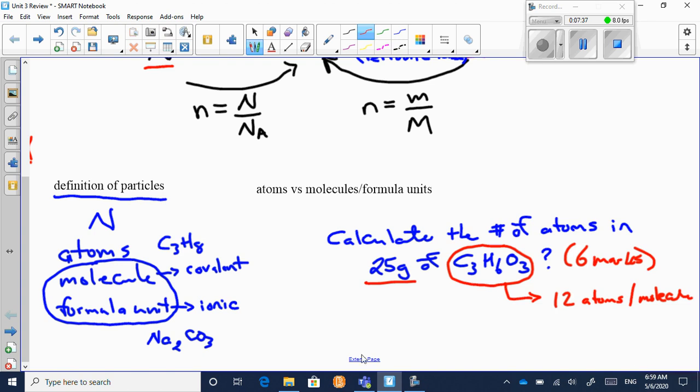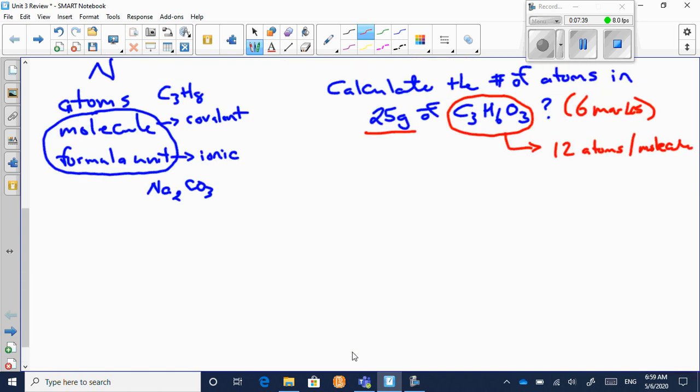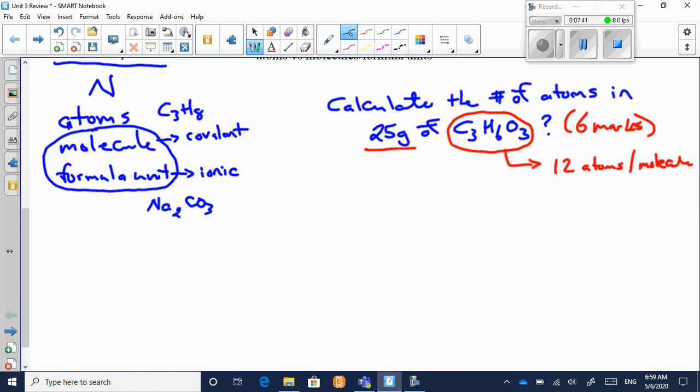I'll quickly do that for you here, just in case people are getting a little bit confused. The first thing I would do is calculate the number of moles, which is the sample mass over the molar mass. So it's 25 grams, there it is. Then I would go to the periodic table and look up the molar mass of C3H6O3.